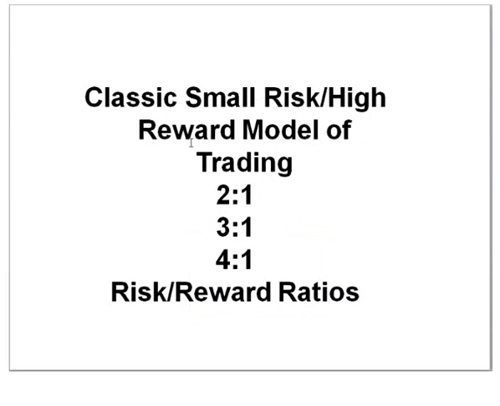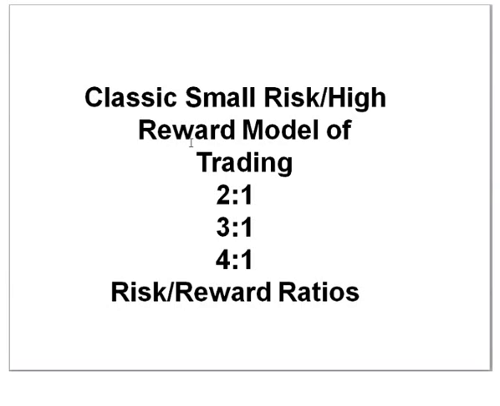And this is a model that is essentially advised and shown to most traders. You risk $1 to make $2. You risk $1 for every $3. You risk $1 for every $4. And then you don't really need to make a lot of successful trades.